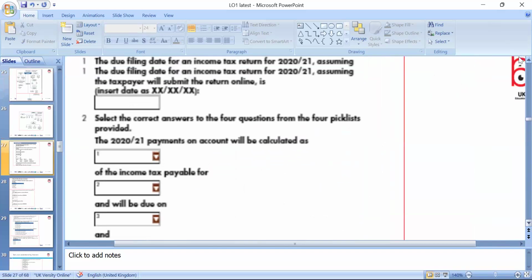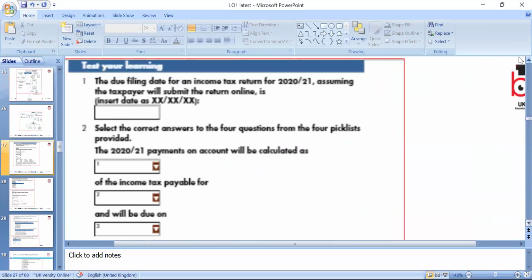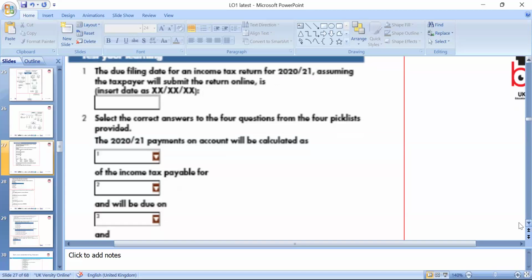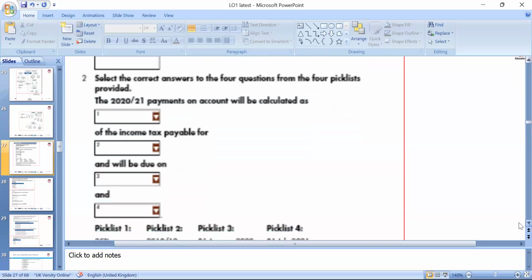Okay, so we've been given a little scenario here. The date field, the date of the income tax return. This we can say 2023/24, 2024/25 if you want, so include the example and select the correct answers to the 4 questions. The payment on account will be calculated as, and the income tax payable will be due on which date.